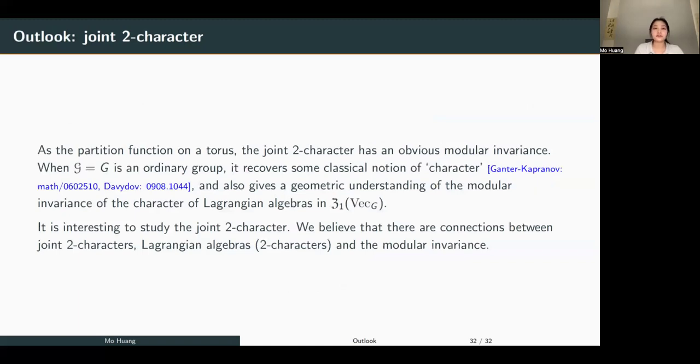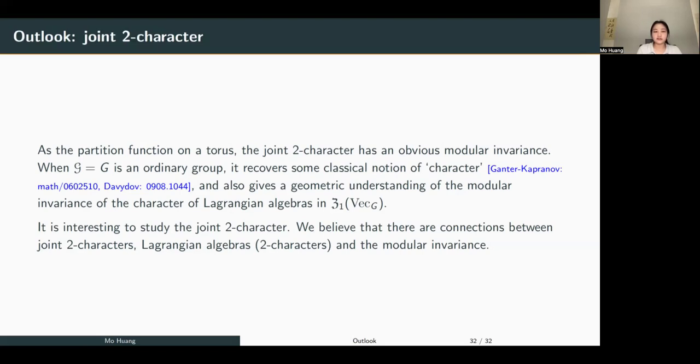As a partition function of a torus, the joint 2-character has an obvious modular invariance. Moreover, when G is an ordinary group, it recovers the classical notion of character and also gives a geometric understanding of the modular invariance of the character of the Lagrangian algebra in the Drinfeld center of Vec_G.